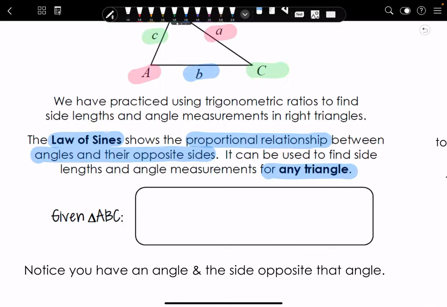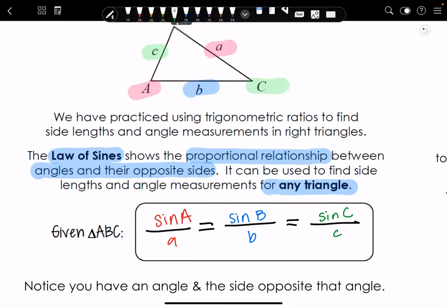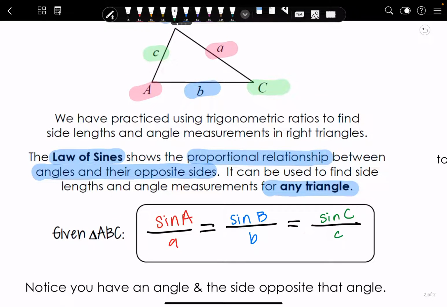The way I have this written out is that the sine of angle A over A is going to equal the sine of B over lowercase b, which is side length B. And then you've got sine of C over side length C. Notice it's corresponding with that angle.